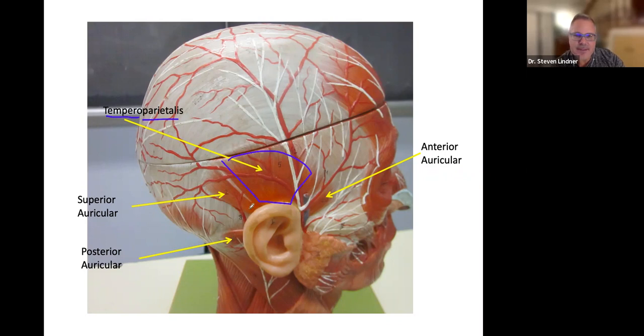Posterior to it, we have a muscle, and superior to it, we have a muscle. So in front of it is the anterior auricular, behind it is the posterior auricular, and then above it is the superior auricular, right? So we have the temporoparietalis, then you have the three auriculars, anterior, posterior, and superior.